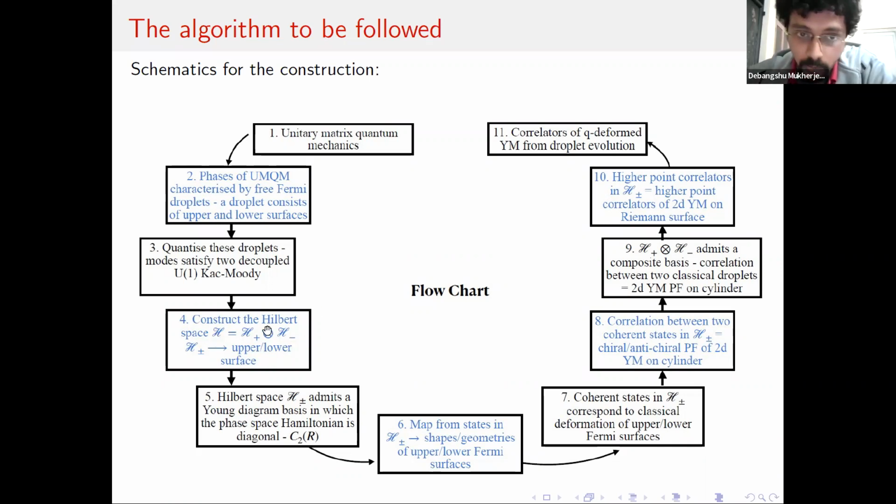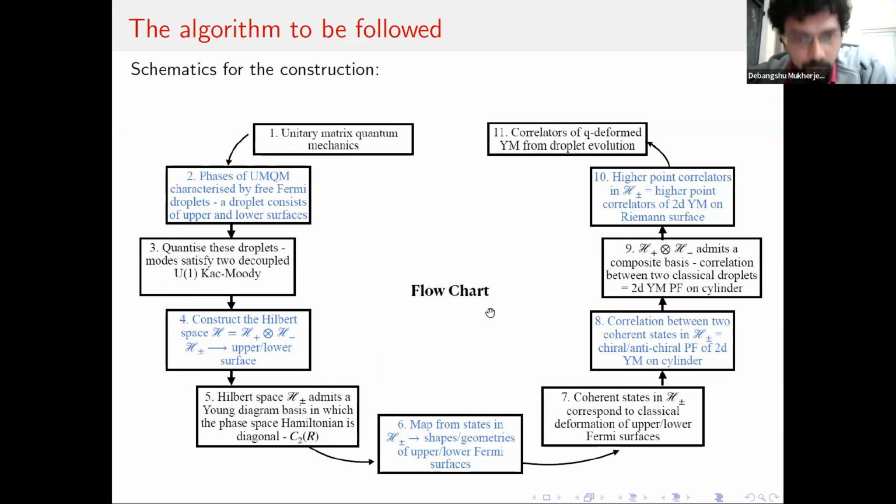We are going to construct a Hilbert space starting from these quantized states. And what we are going to see is that this Hilbert space admits what I'm going to call a Young diagram basis. The point of making this basis change is that when I calculate the quantum Hamiltonian and it acts on the Hilbert space states that I'm going to construct, it precisely gives you C2(R), the quadratic Casimir, which I pointed out was the energy.